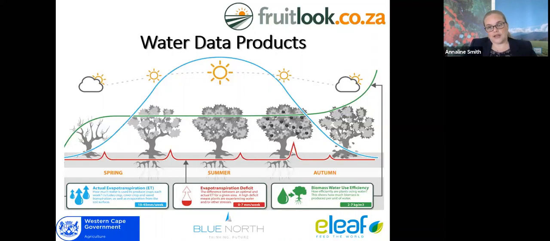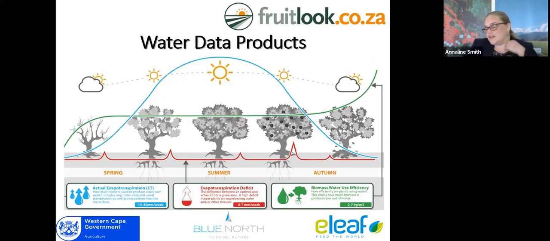Now, with the actual evapotranspiration, you can't use more water than what is available. And that is where the ET deficit comes in. If there is a deficit of available water, then your ET deficit will climb.